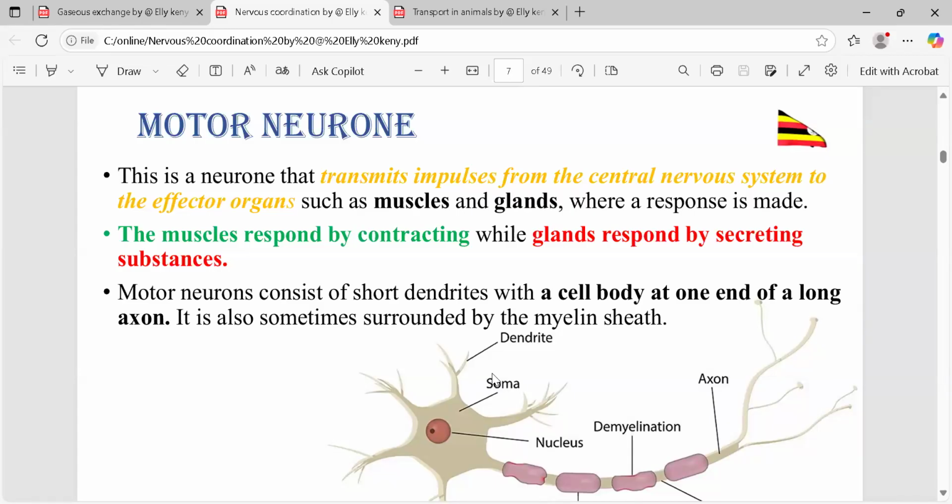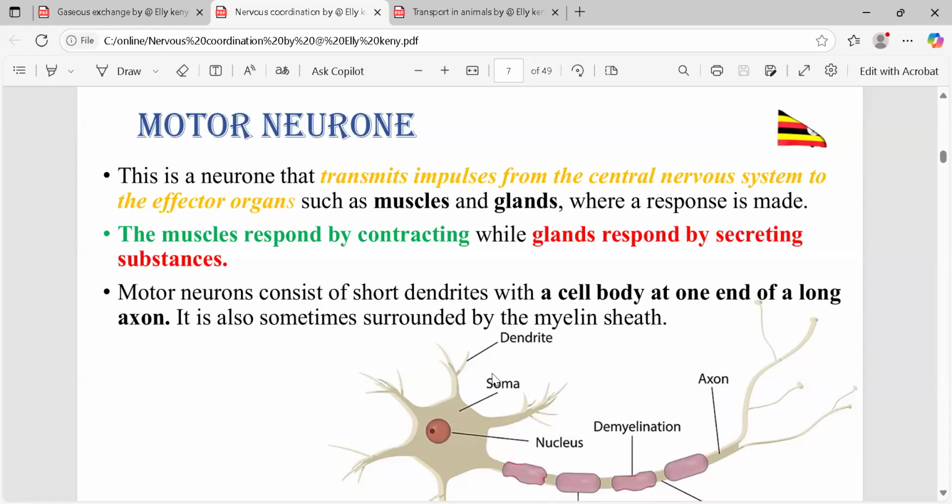Just by you merely seeing the pilau being put there, you'll salivate. Saliva is coming from the glands. So it was because of you seeing the food that the sensory neurons picked the information from the eyes, sent it to the central nervous system, and then the central nervous system sent information through the motor neuron to the glands. Glands reacted by secreting saliva.